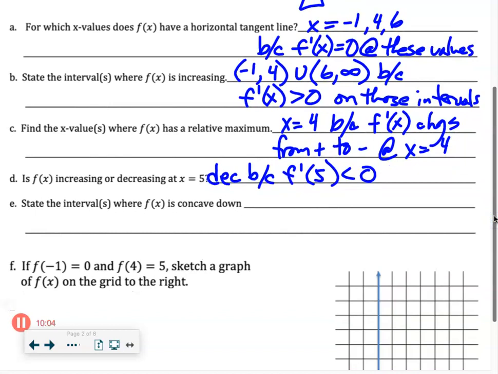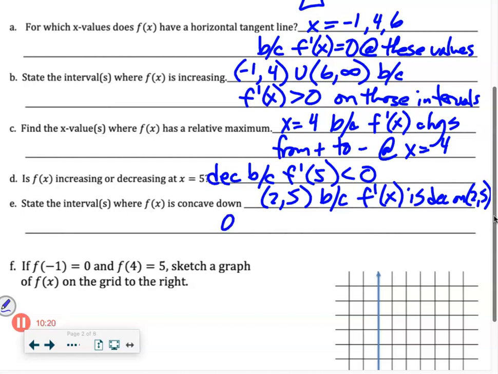So you would say 2 to 5 because I would love for you to say f prime is decreasing on 2 to 5. If you write f double prime as negative, I took it. So I would put or f double prime is negative on 2 to 5.